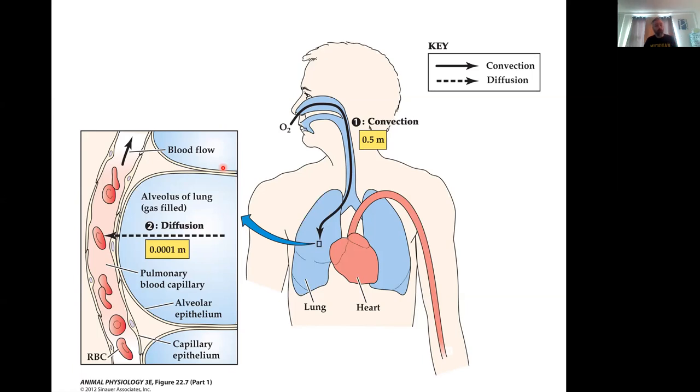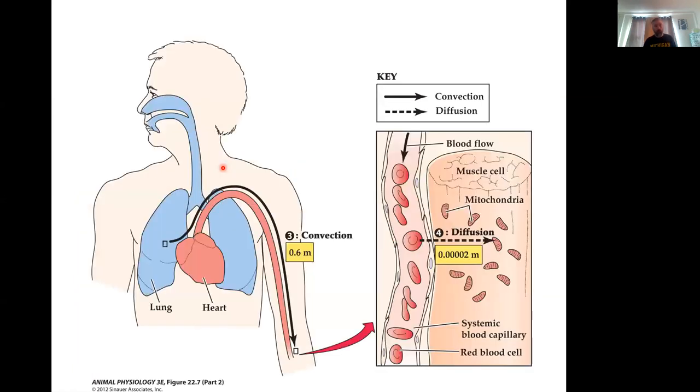That blood or hemolymph then travels around the body in bulk flow, back to convection again. And then at the cells of the tissues, we go back to diffusion. So we diffuse from one cell into another. So convection, diffusion is kind of the name of the game for respiratory systems.